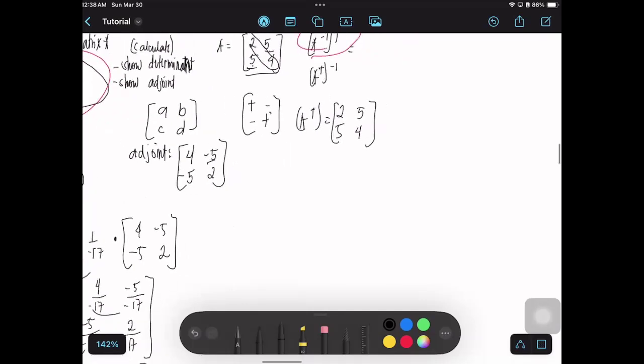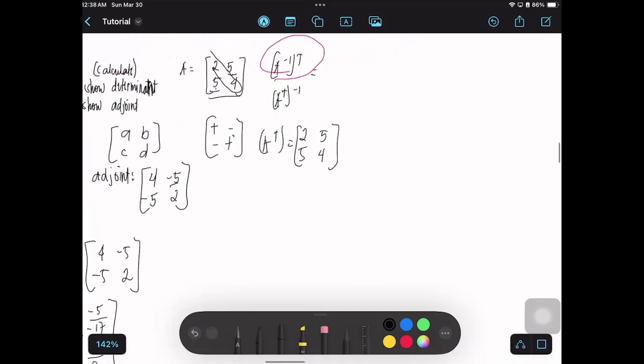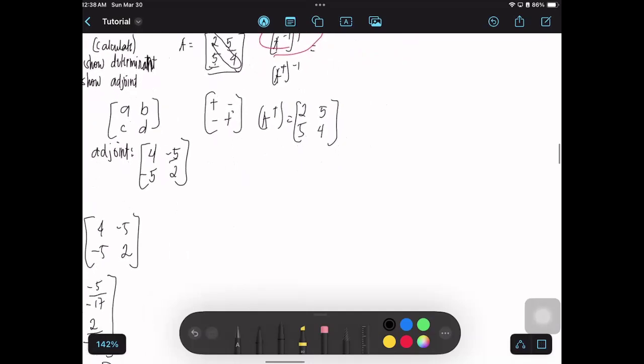So you still have to show the determinants for that. So the determinant here will be the same: 2 times 4 minus 5 times 5. So 8 minus 25. So it will become -17.